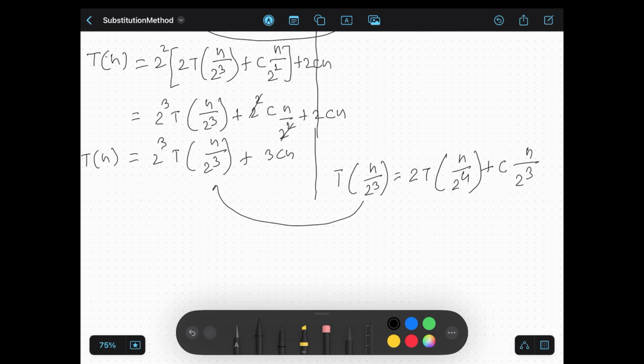And then this is going here. So this will become 2T(n upon 2 to the power 4) plus c n upon 2 to the power 3 plus 3 cn.